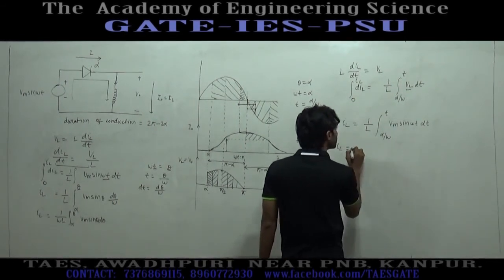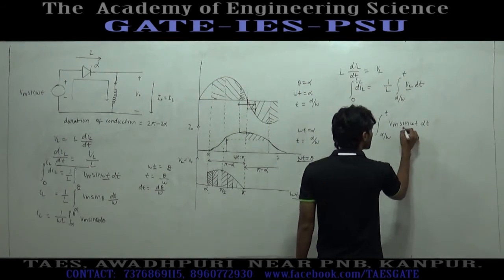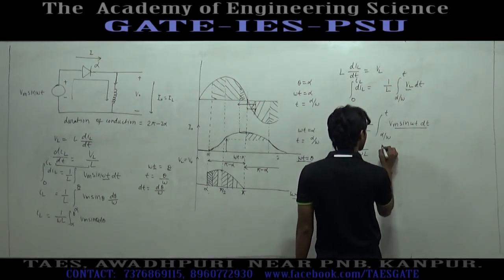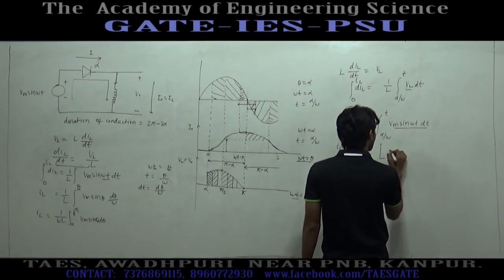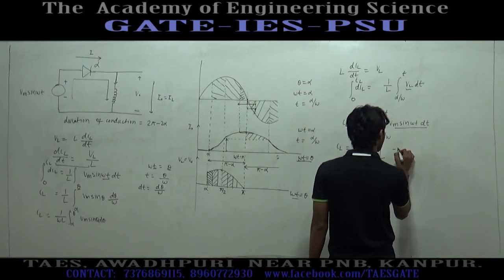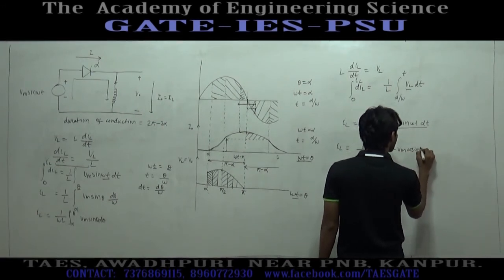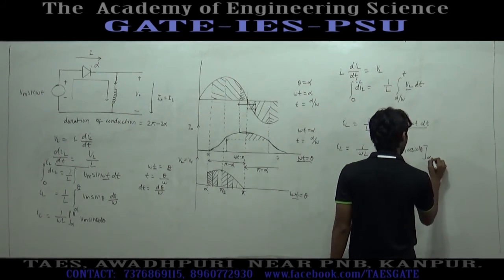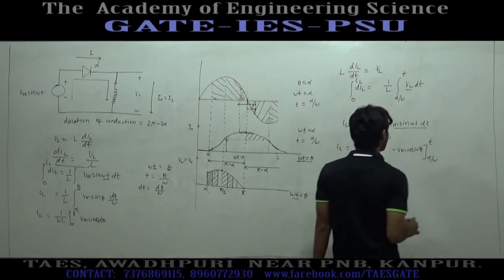So, IL will be equal to 1 by omega L, the integration of sin omega t is minus cos omega t, times Vm, from alpha by omega to t.